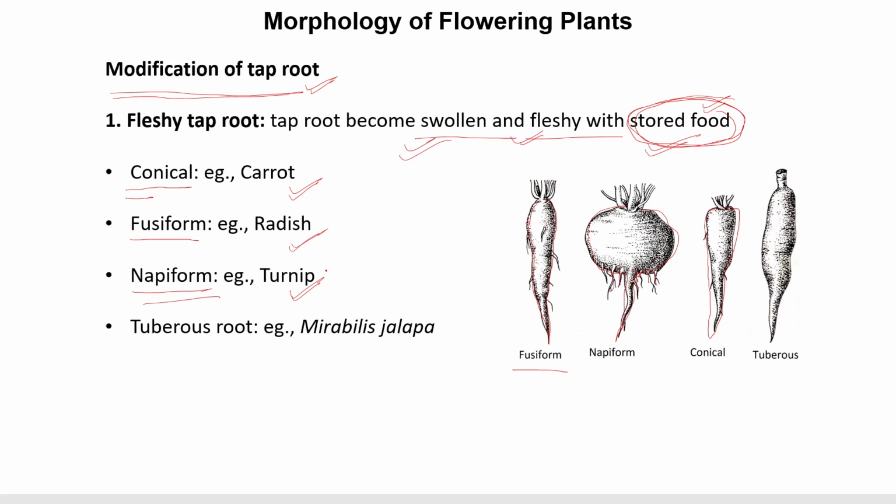In Hindi we call it shaljam. Tuberous root. Example is Mirabilis jalapa. So it is tuberous, or you can see tuber-like structure. So all are fleshy and swollen, but they have different shapes, and according to the shape, they can be conical, fusiform, napiform, or tuberous root. So examples, you must learn about it. So this is fleshy taproot.